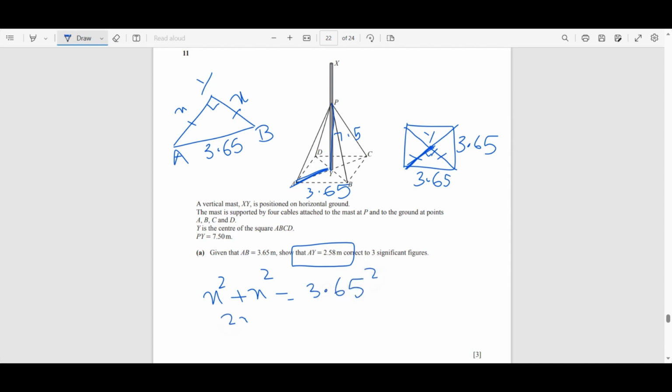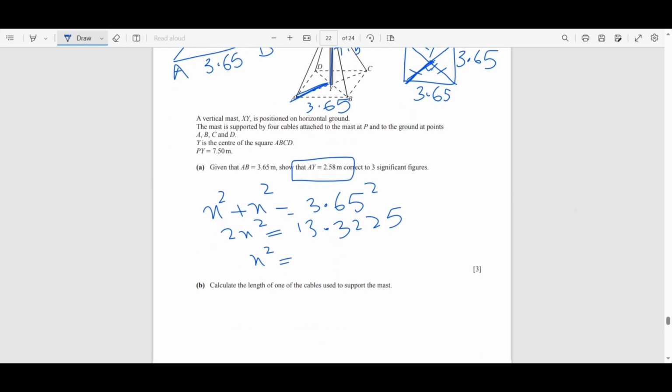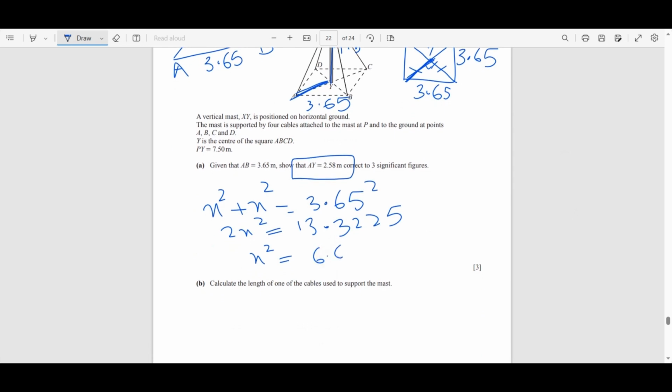So it's 2x squared equals 13.3225. Divided by 2 gives me 6.66125, and by taking the square root, this gives me 2.58. Right, so we're done. We've proved it.